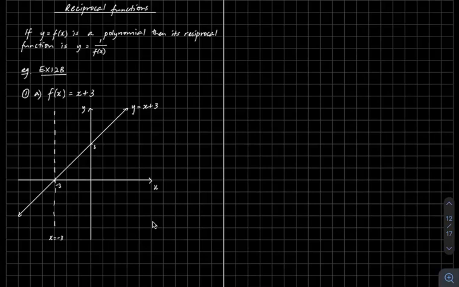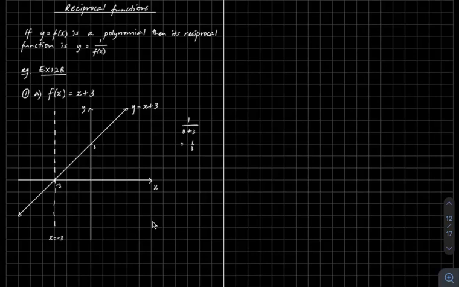So let's think about what the value of 1 over x plus 3 is doing as we move away from that asymptote. Well, we could consider the specific value when x is equal to 0. When x is equal to 0, 1 over x plus 3 is equal to 1 over 0 plus 3, or 1/3.